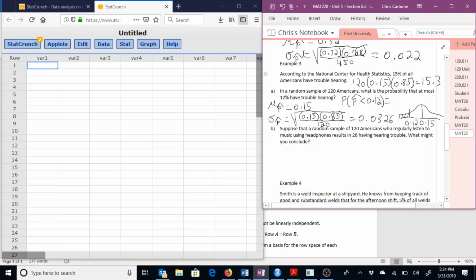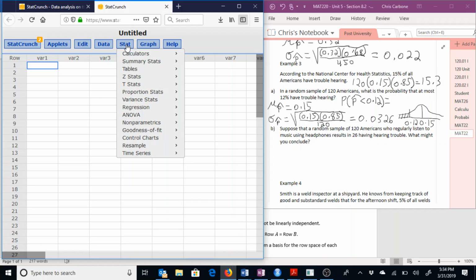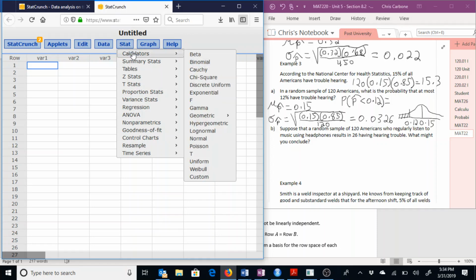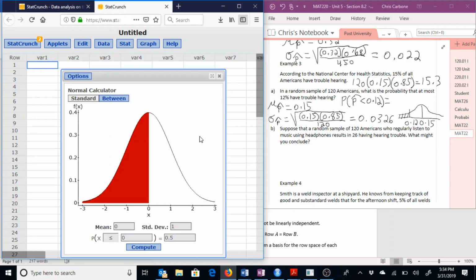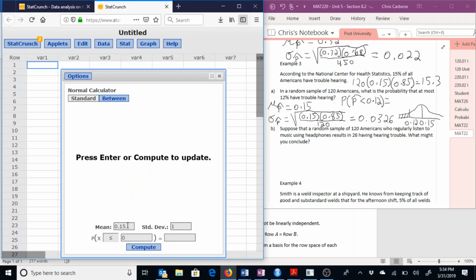So then throwing that into StatCrunch. Now again, since it's approximately normal, Stat, Calculators, Normal. We're using a mean of 0.15, standard deviation of 0.0326, at most 12%.